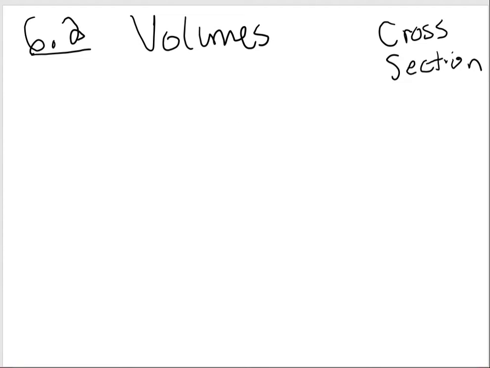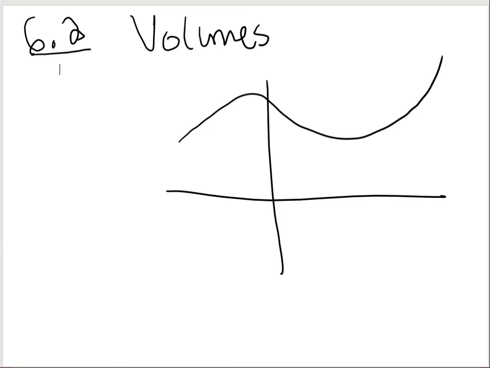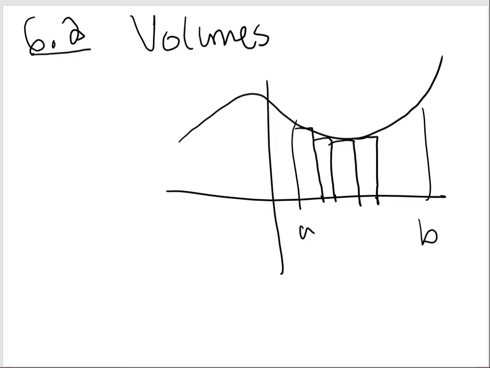So whenever we were doing the integral before and constructing the integral, we would have some graph. You would have your a, you would have your b. You'd have your rectangles. And they would have some little width, and then they would have some height, which was your function value.